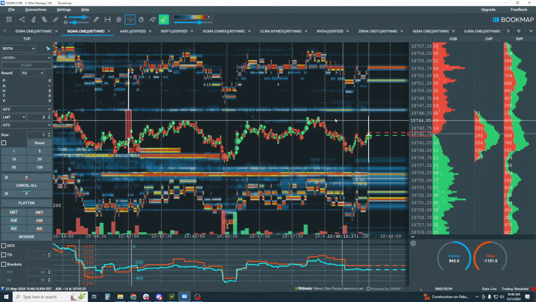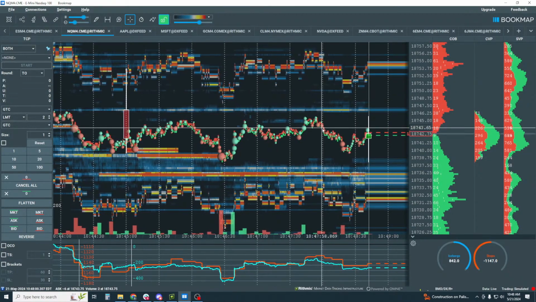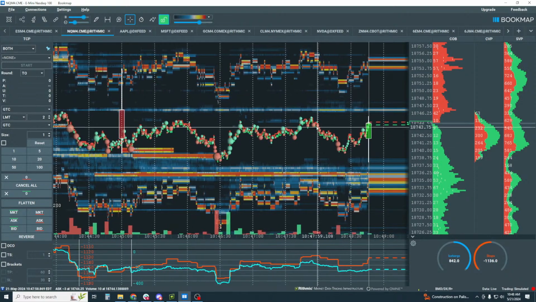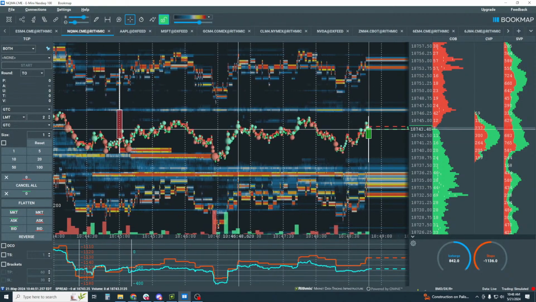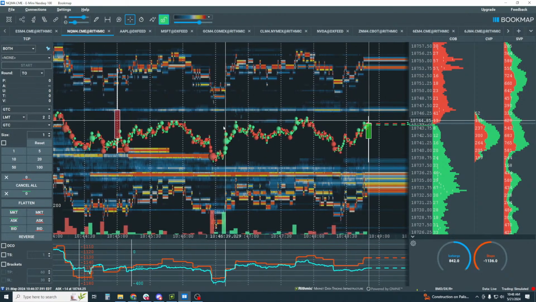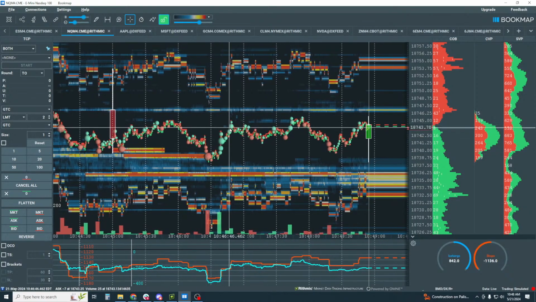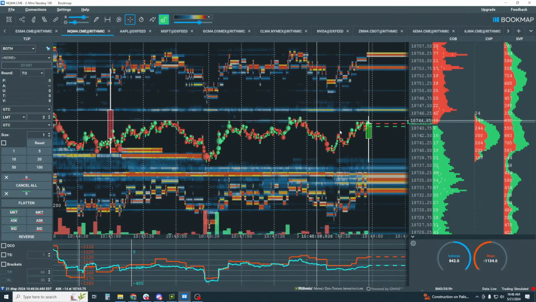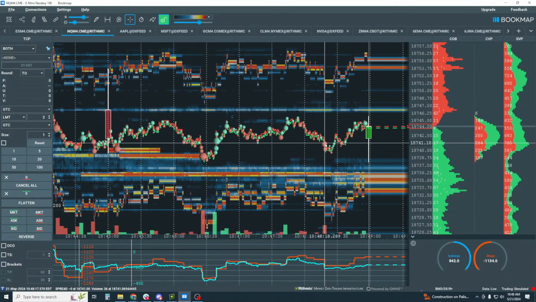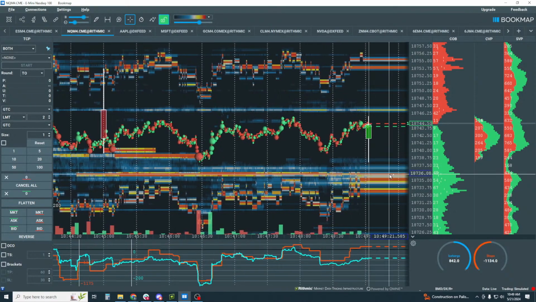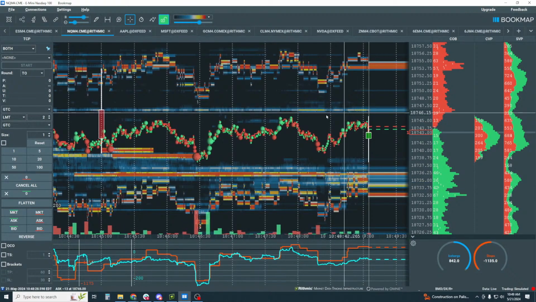Let's look at the criteria in here. So far, I don't see a whole lot of sellers in here. There's actually more buyers in this move, in this range right now. Sellers are here, buyers are here. So again, we're going to look for more sellers back down in here to maybe then break the range into 36 and 35 liquidity here.